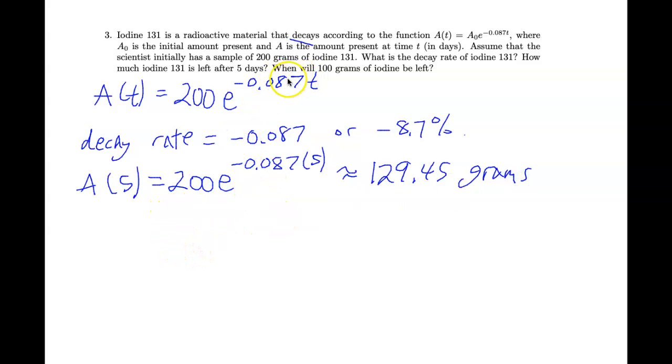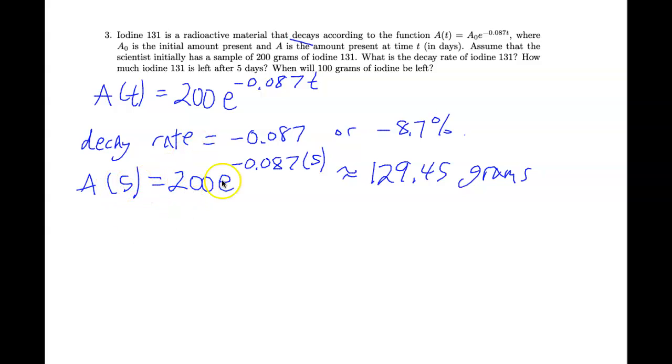And the last question is, when will 100 grams of iodine be left? Notice at the get-go, we're essentially asking what's the half-life? How many days will it take for half of the radioactive material to decay?